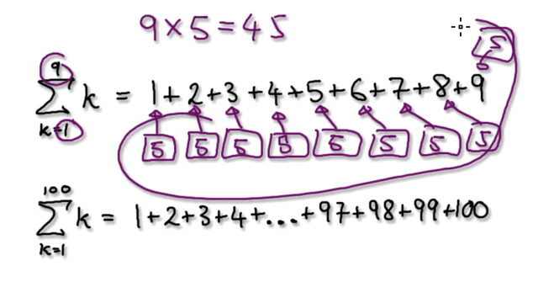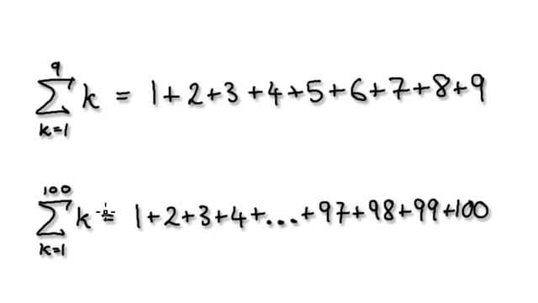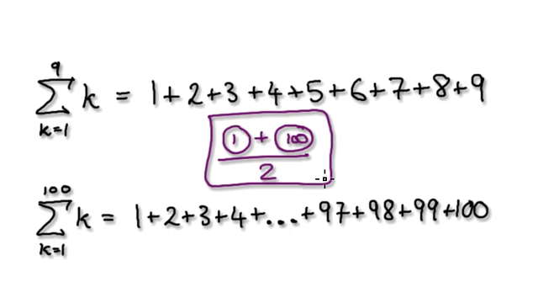So this is another way of doing it. The same goes with 1 to 100. Get the first term, add it to the last term, and then immediately divide it by 2. This would represent your average.